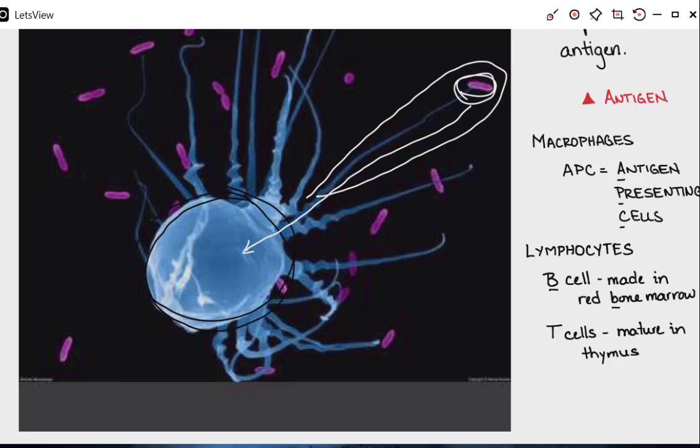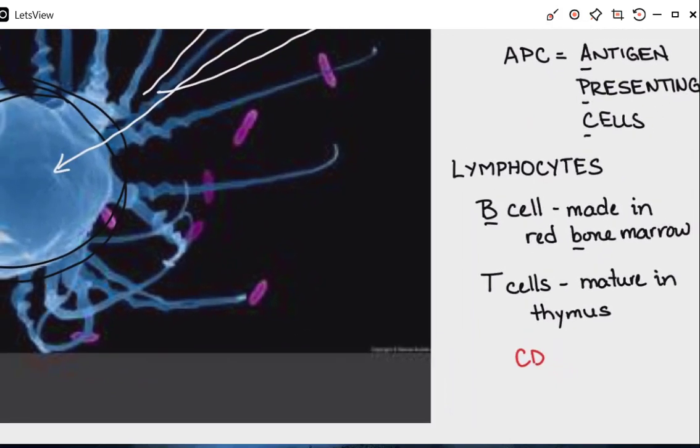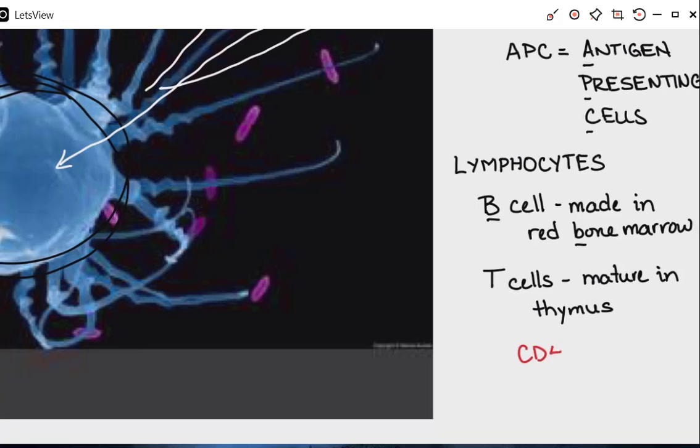You don't need to write this down, but I'm just going to list it here. And so CD stands for cluster of differentiation, which is a really strange word for a receptor, but that's what it means. And there are several subcategories of cluster of differentiation receptors, and one of which is 4 and one of which is 8.